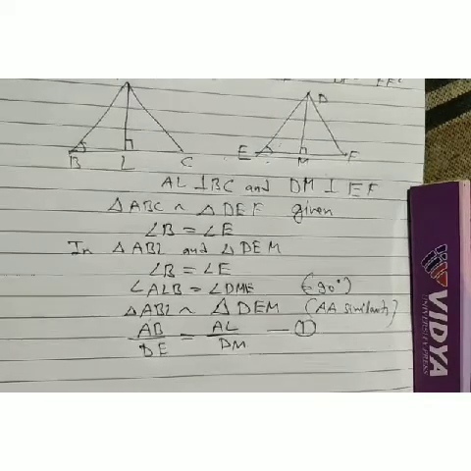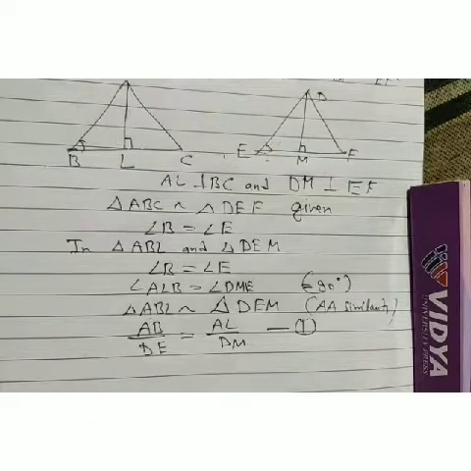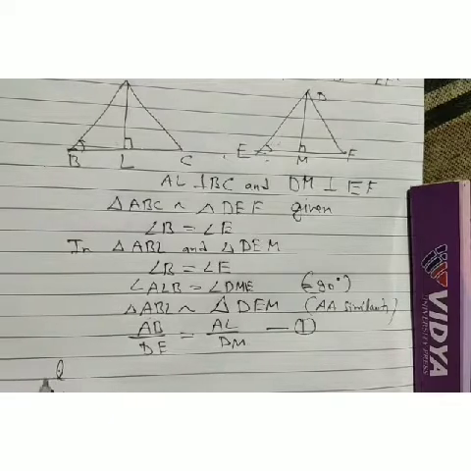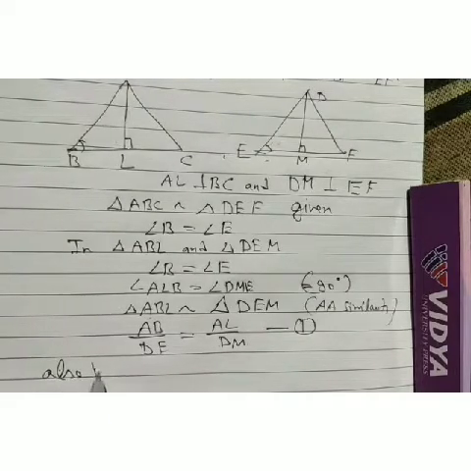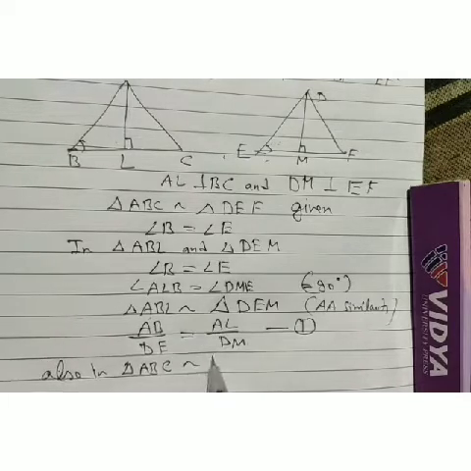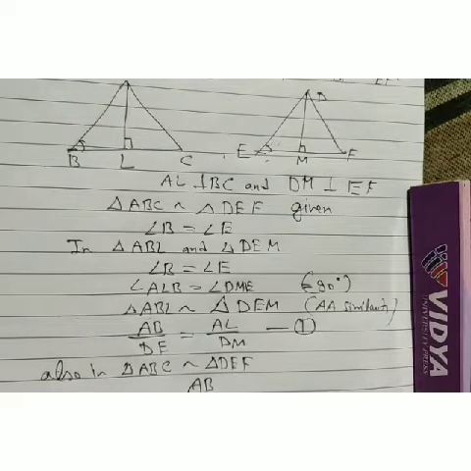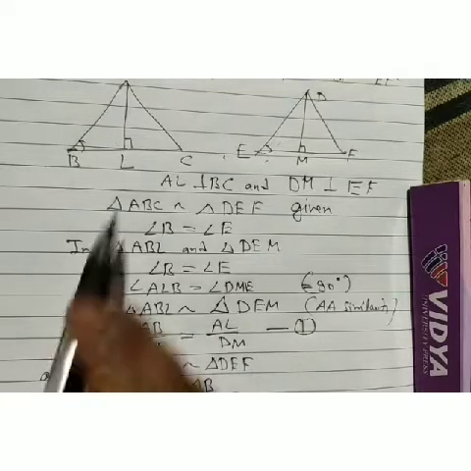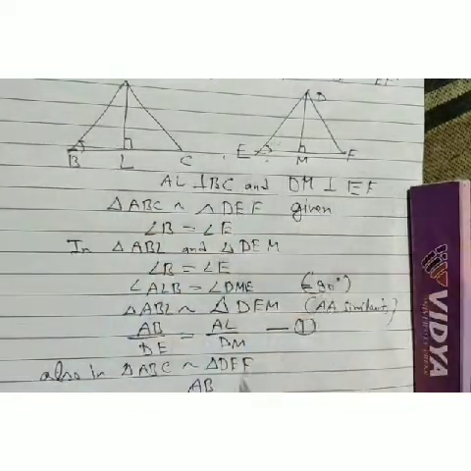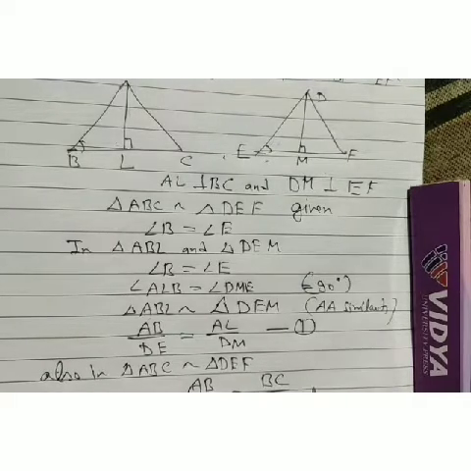Also, triangle ABC is similar to triangle DEF. Then AB is to DE is equal to BC is to EF.